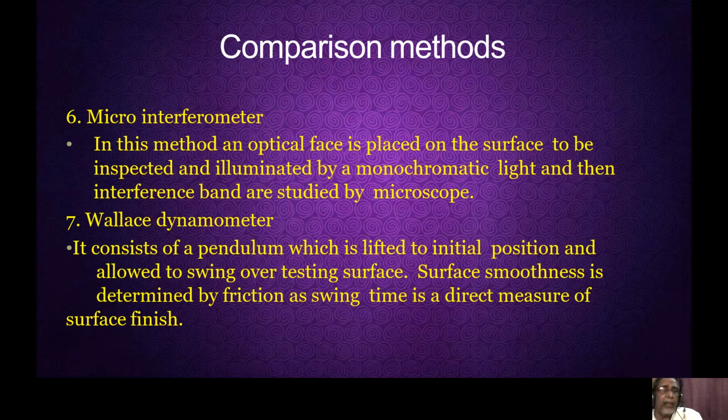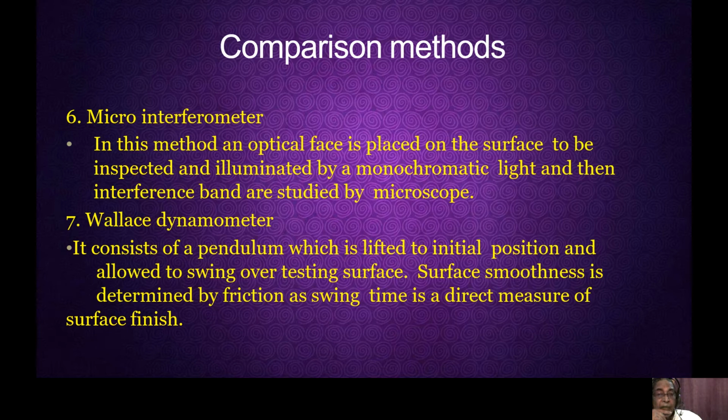So here what happens, a pendulum will be moving from left to right over the surface. If the surface is more rough, it will take a long time to move from one side to the other.